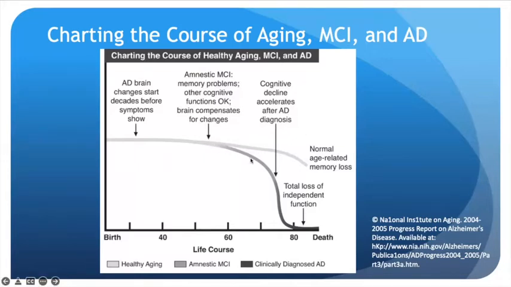But with Alzheimer's disease, there is a drastic decrease in cognitive function and general function, for example, ability to perform activities of daily living or ADLs. And eventually, there's total loss of independent function. So there is a difference between dementia and normal age-related memory loss.